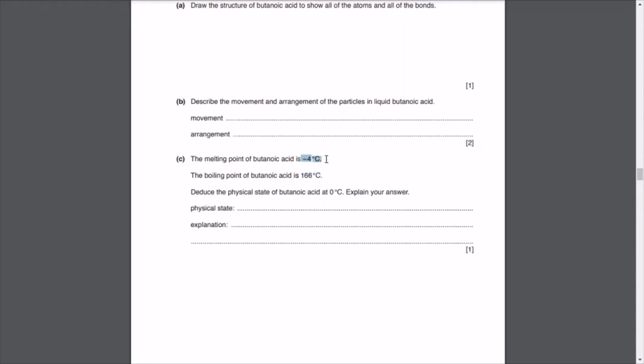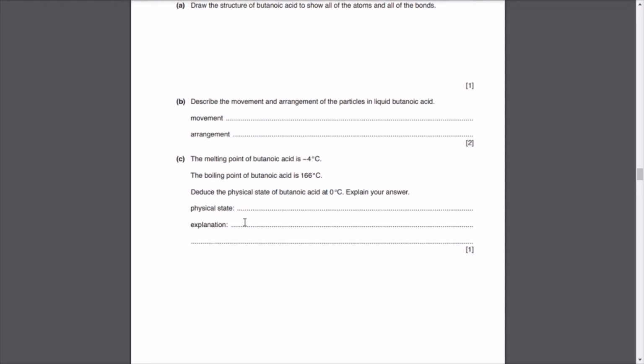However, looking at -4°C, the question is whether it is solid or liquid. As 0°C is above -4°C, it is the liquid form of butanoic acid.